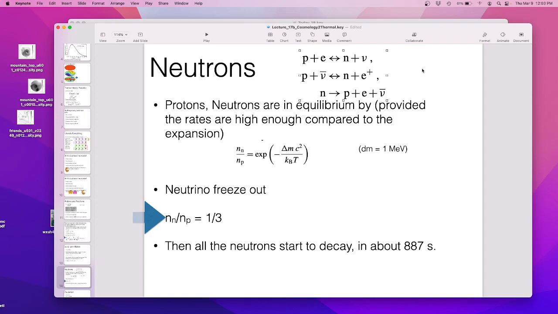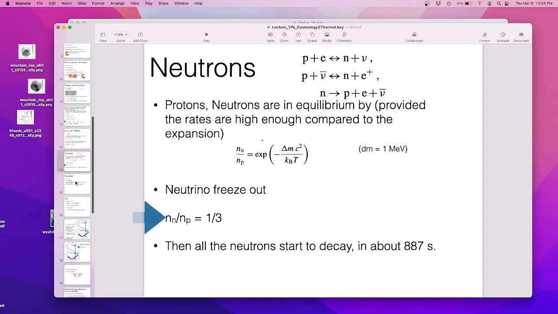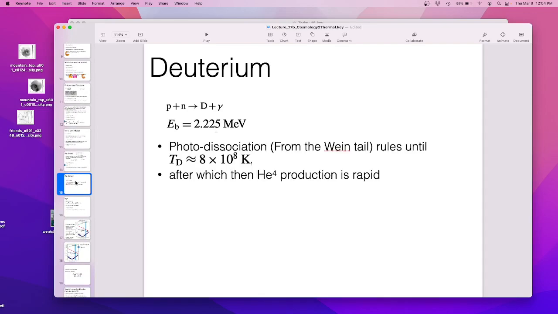So when the neutrinos freeze out, I stop this process, and that freezes the neutron to proton ratio at about 1/3. Then, once there are no more neutrinos making more neutrons, they start to decay and get captured by the deuterium. So we have this neutron to proton ratio that's a third, and that's set at neutrino freeze out.